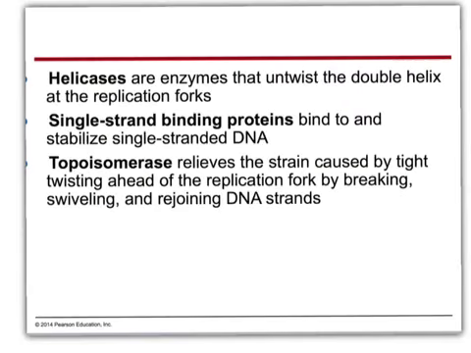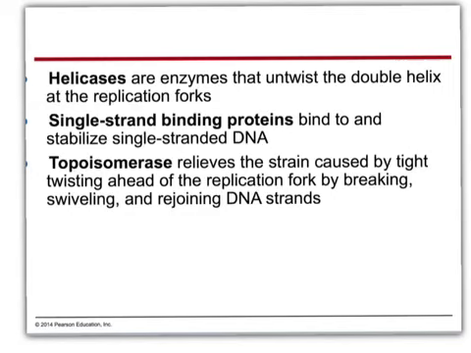All right, topoisomerase. So helicase are enzymes that untwist the double helix. All right, single-strand binding proteins, they bind to and stabilize the single-stranded DNA. Topoisomerase is another enzyme that actually acts ahead of the replication fork.